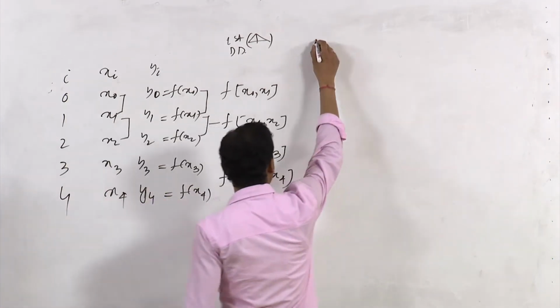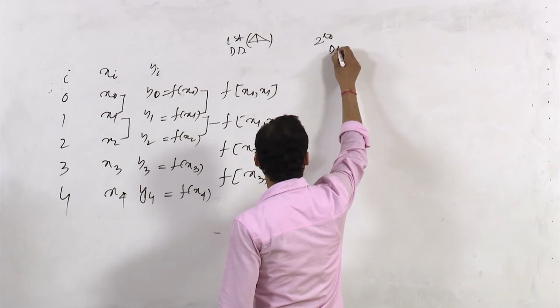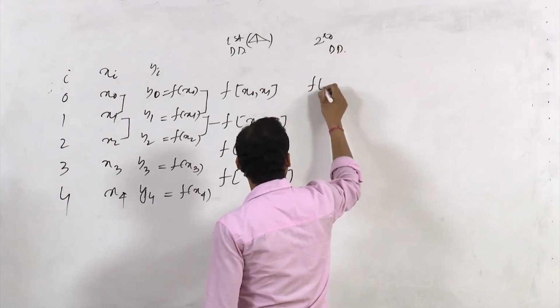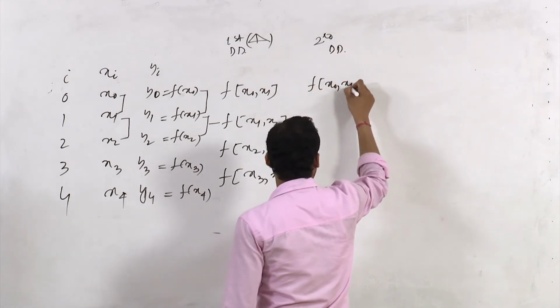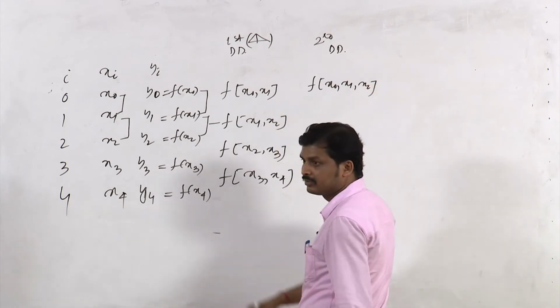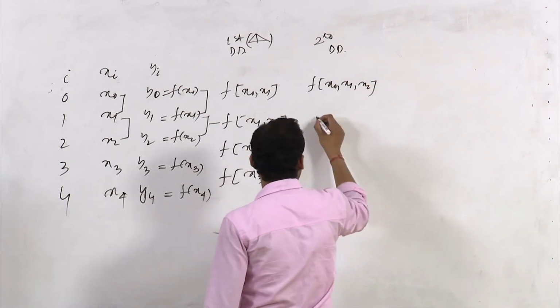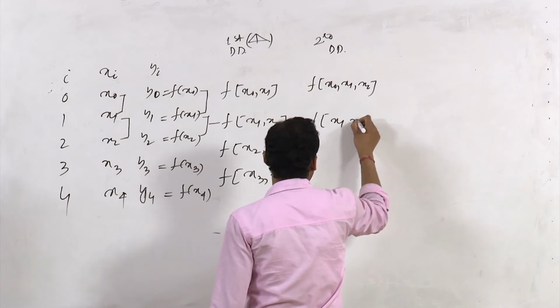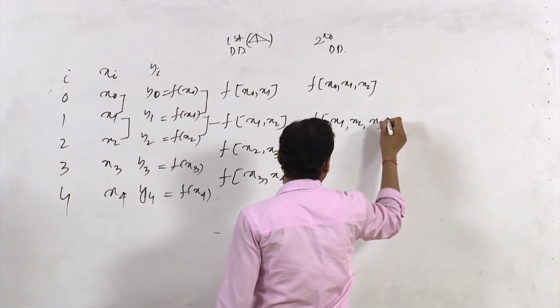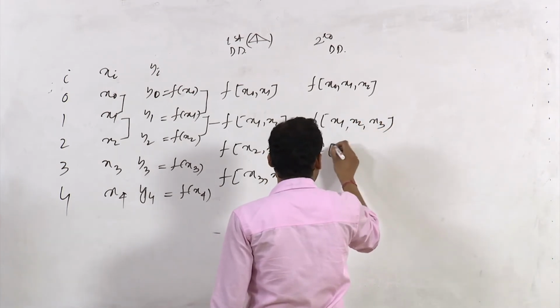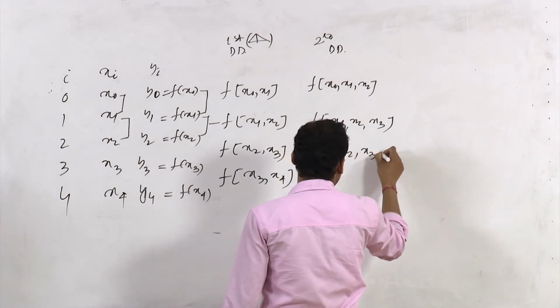And then the second order divided difference you can find here, in the form of f of x0, x1, x2. Then we can write f of x1, x2, x3 here, and the next divided difference we can write as x2, x3, x4.